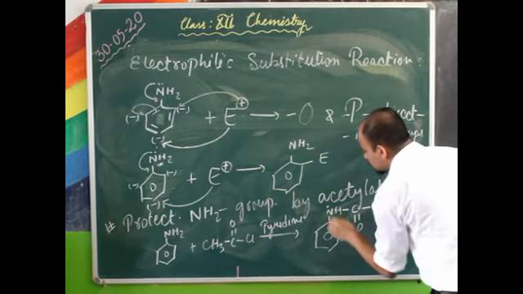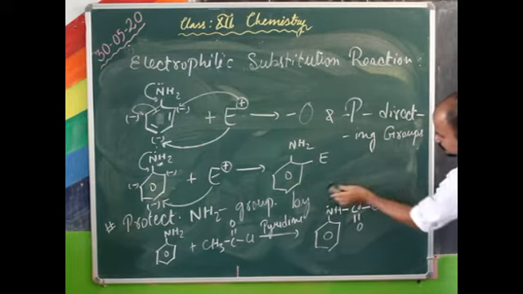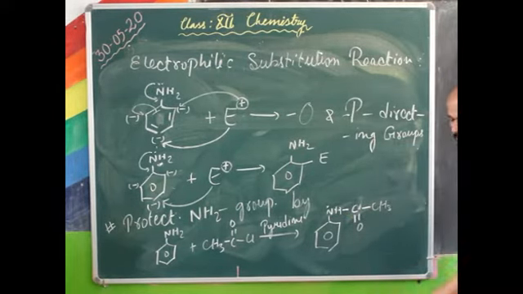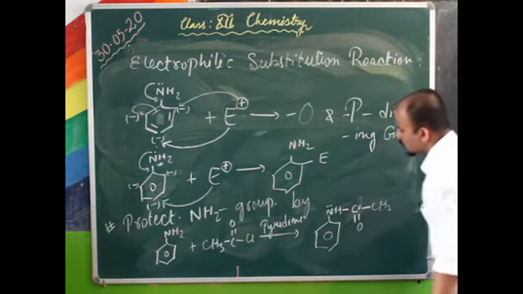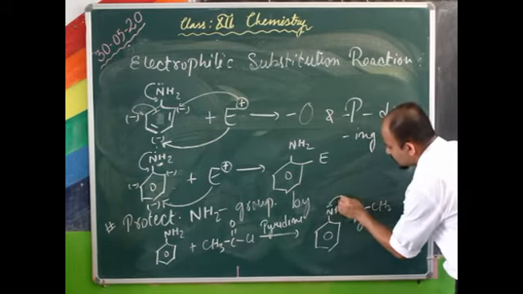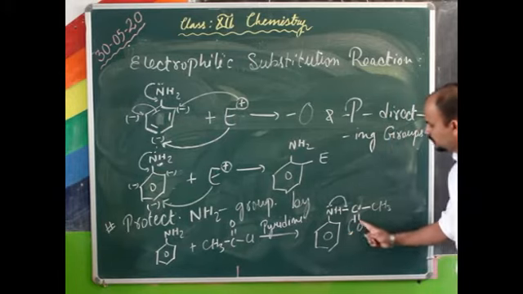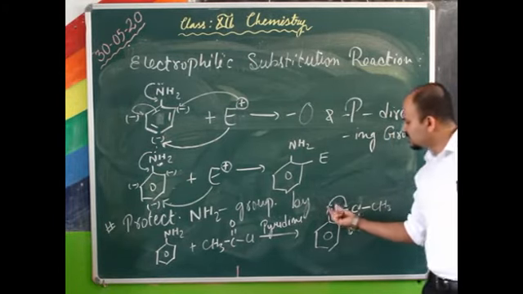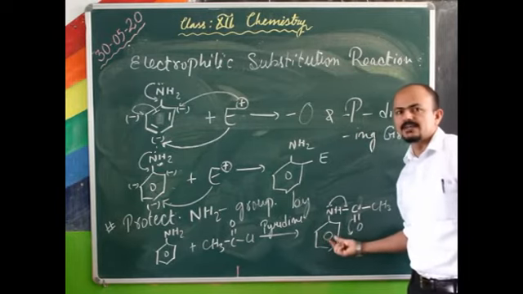Now see, let me rub this part so that it will be more clear. See, now this lone pair over nitrogen, what will happen? It comes now in conjugation with this C double bond O. Therefore, it is not readily available for taking part in resonance inside the ring.